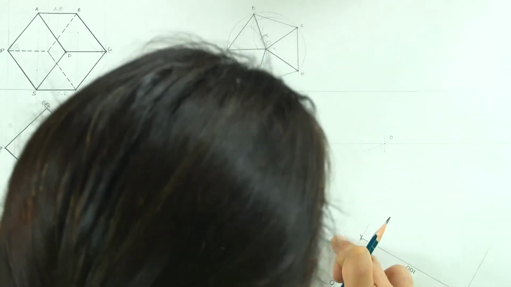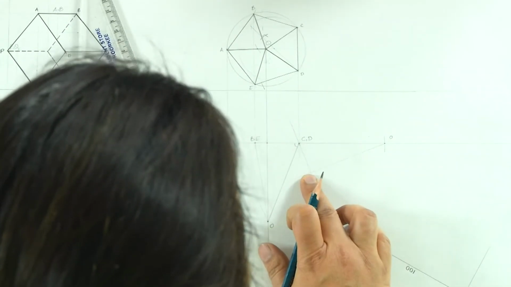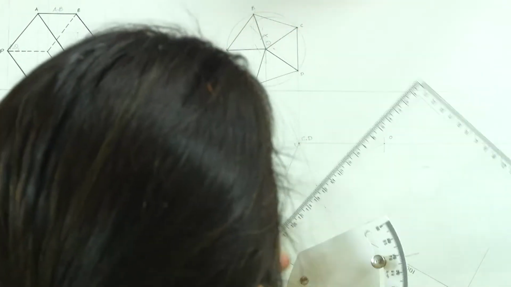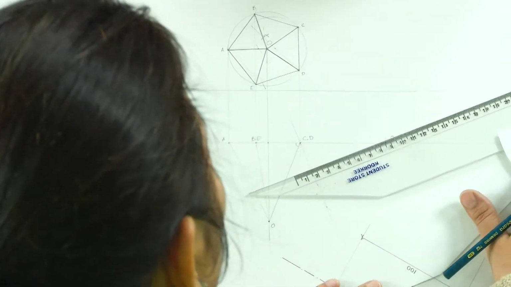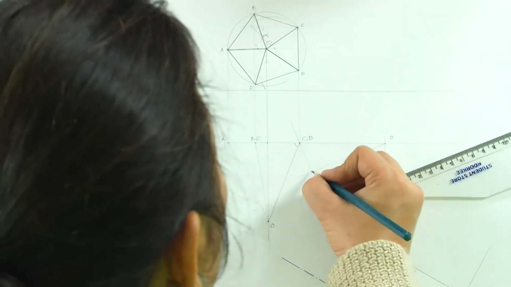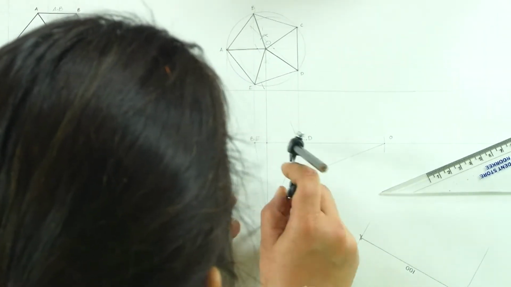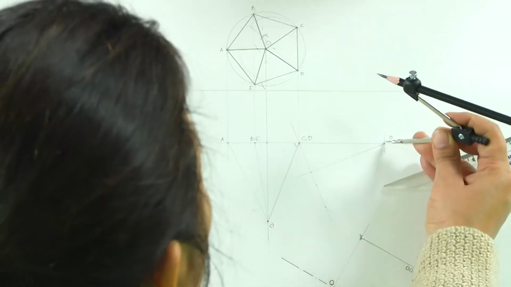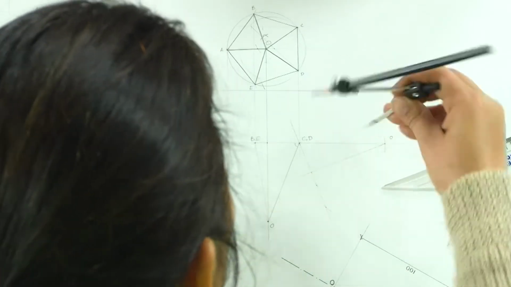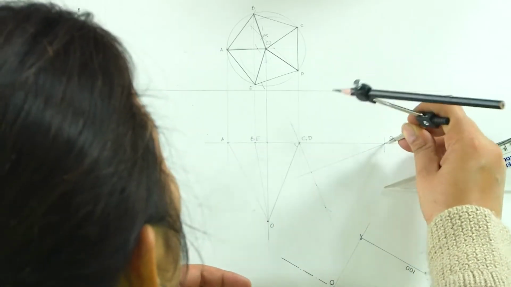So we will have a line passing through C and perpendicular to OE, which is what we are taking here. So this is O, this is the axis, and then we will take the same distances, say OB, and mark OB, and then we will take OA, which is what we are going to mark here.